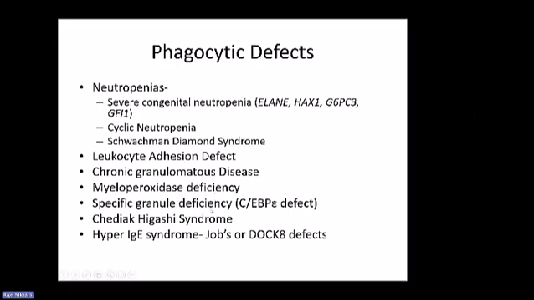Specific granule deficiencies have been described. We'll talk about Chediak-Higashi in another section. Even though it has a phagocytic disorder, it has other defects as well, and so it's classified in a different place. Same with hyper-IgE syndrome. There is a phagocytic defect, but it's better described as a combined immunodeficiency syndrome.